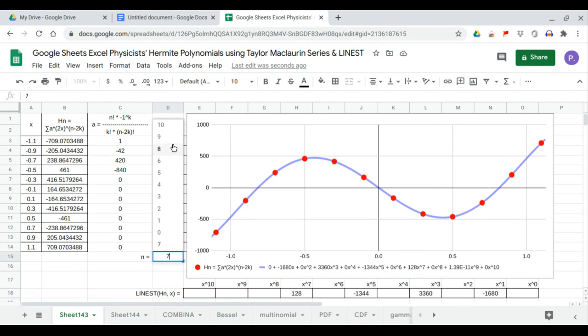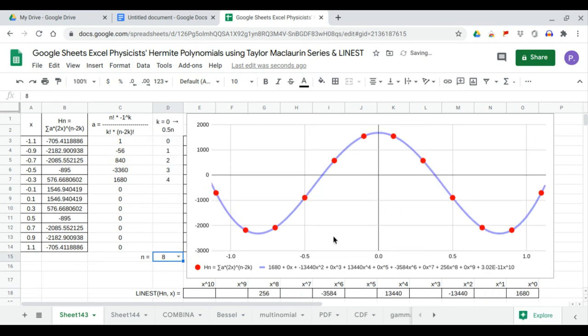At n equals 8 is 1680 minus 13,440x squared plus 13,440x to the fourth minus 3,584x to the sixth plus 256x to the eighth.